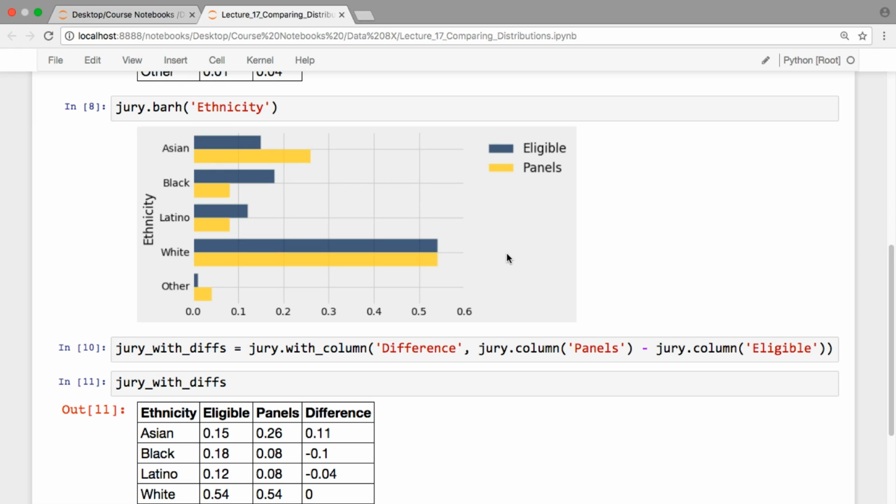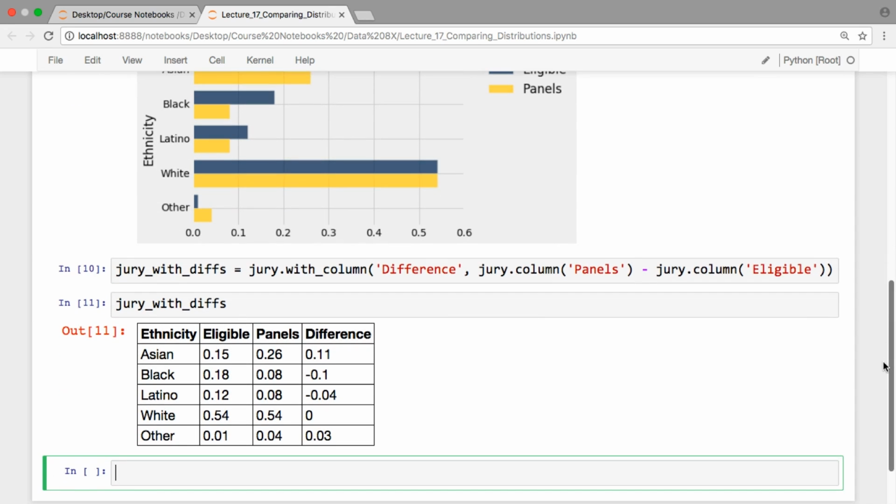Otherwise, the two totals can't both add up to 100%. And so you're saying that the negative differences and the positive differences have the same size, the same absolute value. And it's that quantity that we are going to use as our statistic.